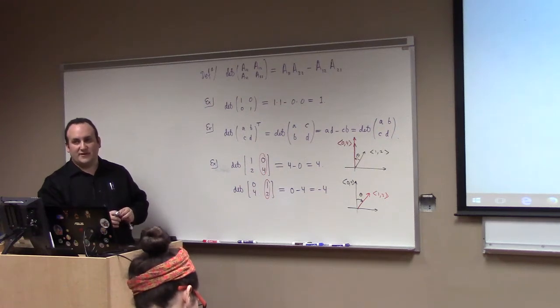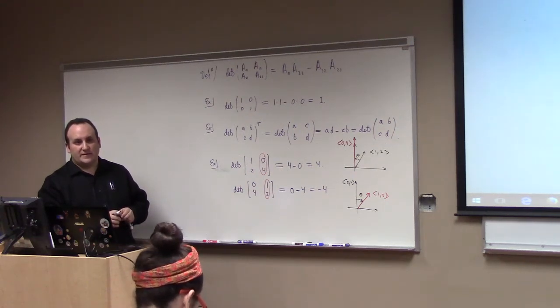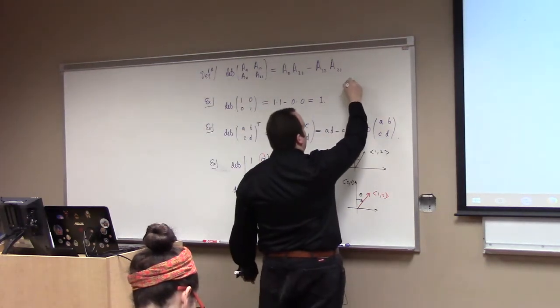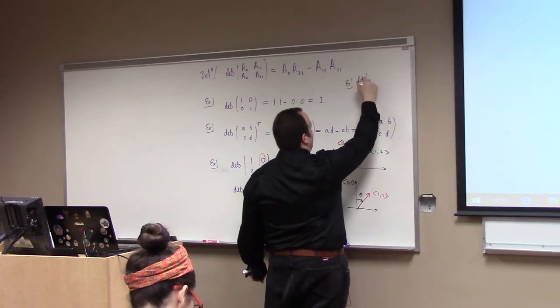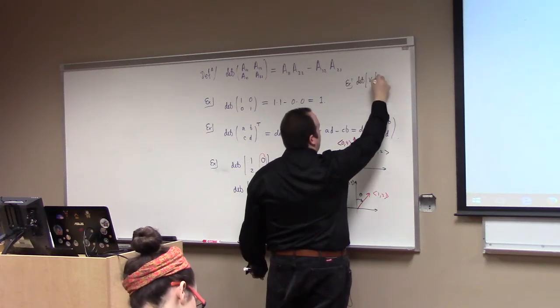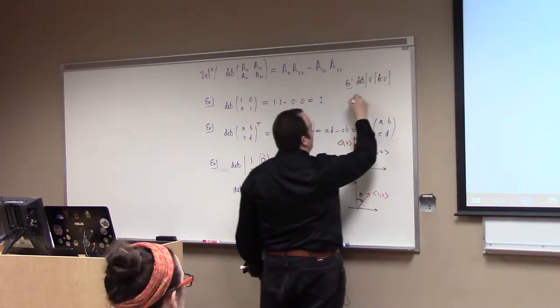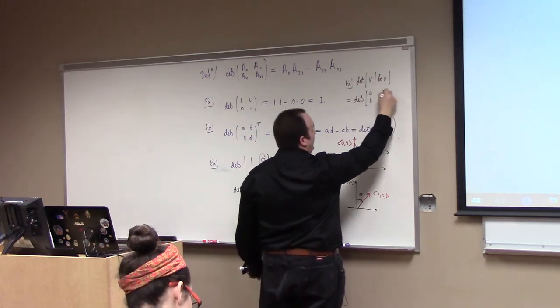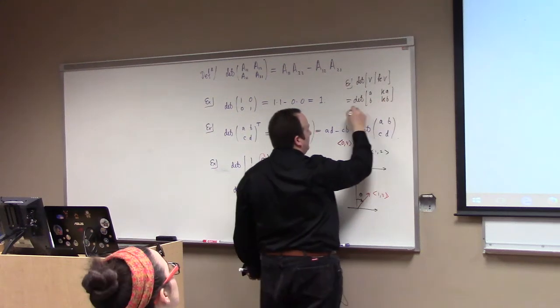There's another case, though, right? What if the vectors are the same? What if they're scalar multiples one of another? What if we had the determinant of, say, vector v and then a scalar multiple of v? That's the determinant of A, B and then kA, kB. How's that work out?